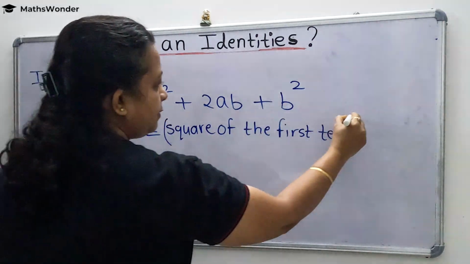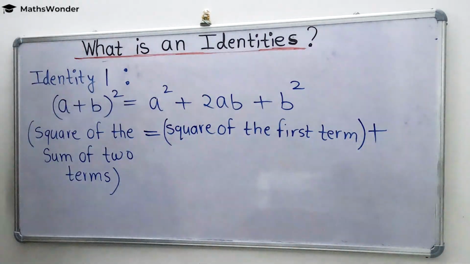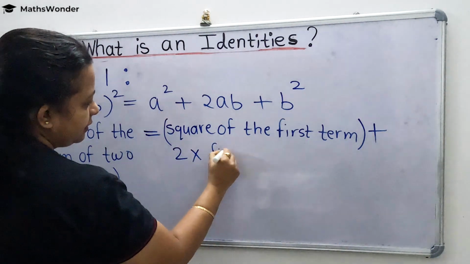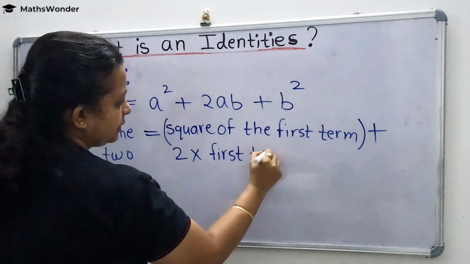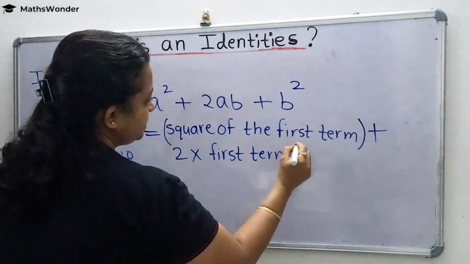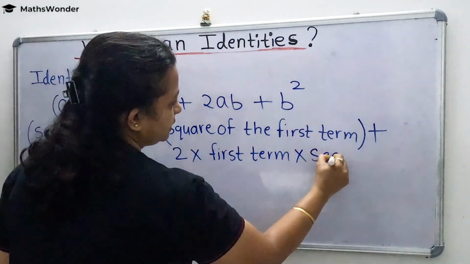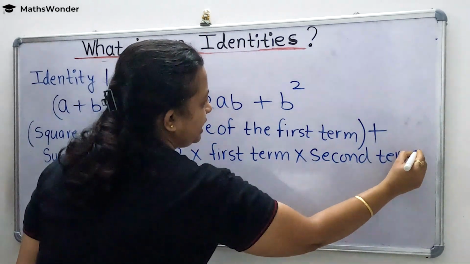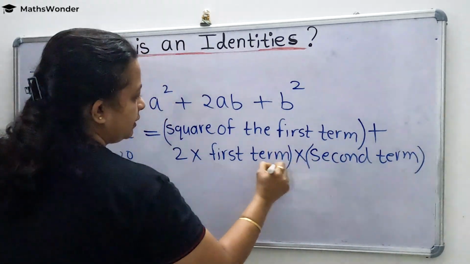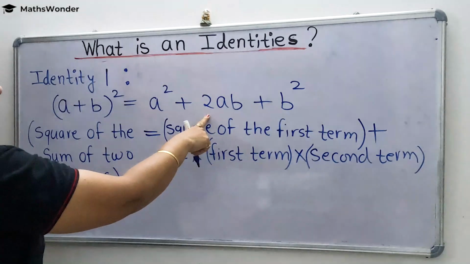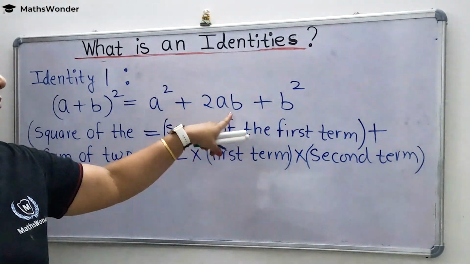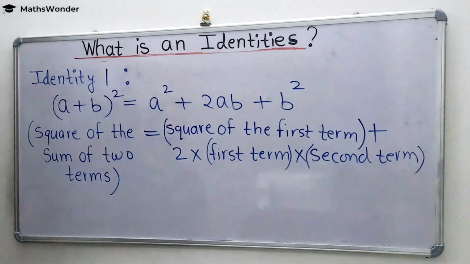Square of the first term plus 2 times first term times second term, because 2ab means 2 times first term times second term, right?